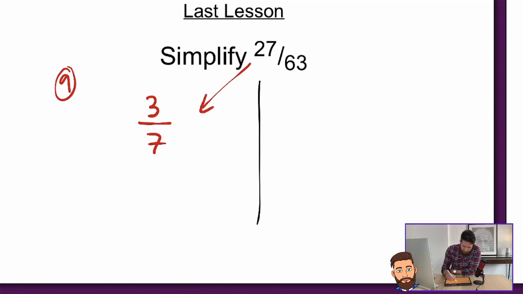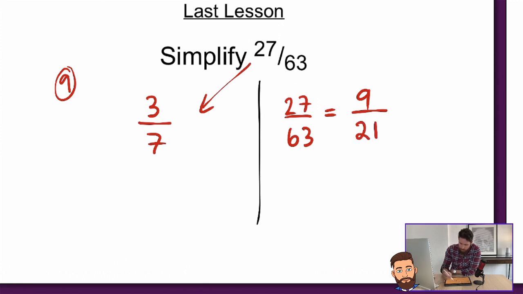Let's just say you didn't see 9 was the biggest number that went in there and picked 3. Let's say you spotted 3 went into here. So 27 over 63 is equal to, how many 3's go into 27? 9. How many 3's go into 63? 21.